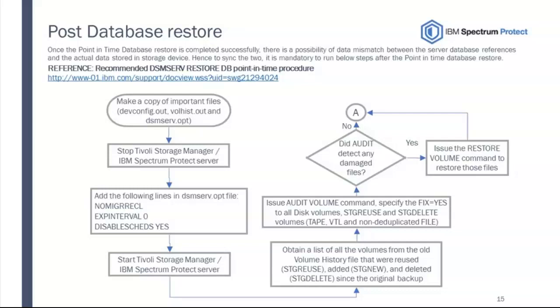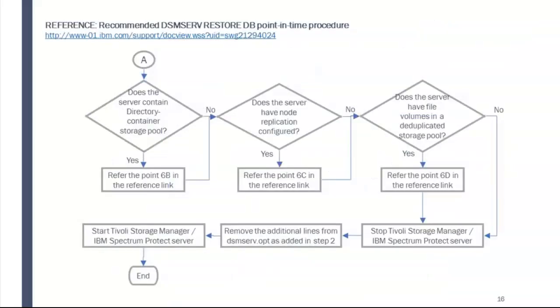But if you don't have a copy pool, then you will lose your data. If there is no damage, then go to the next steps as mentioned in slide number 16.